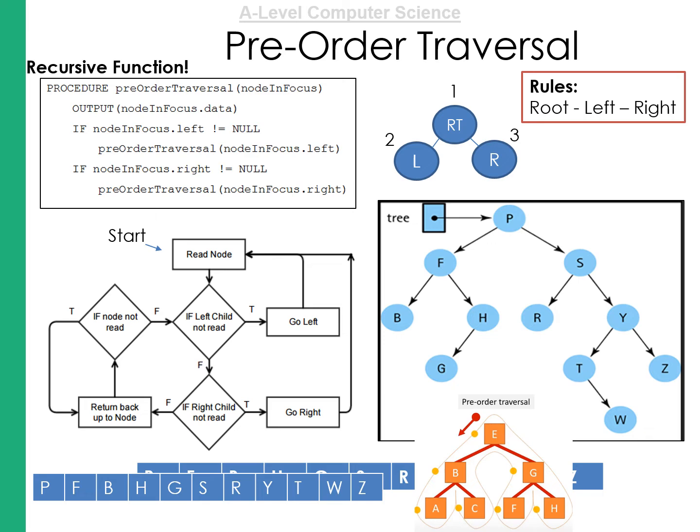We output the node, then we check to see if there's anything to the left. If there's not, then we're going to move right. But if there is, if it's not equal to null, we turn that item into the node in focus. We've got a bit of recursion here, that we keep calling values until we need to unwind. And you can see the second section is right.